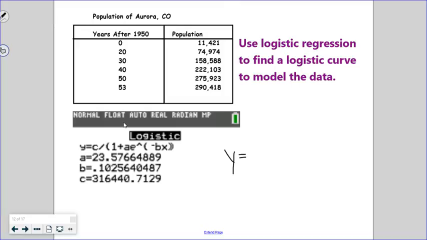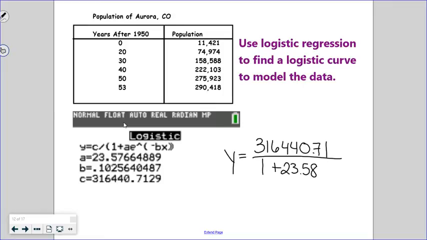We're going to round everything that we do in this entire section to the nearest hundredth. So I will do that here as well. 316,440.71 would be our numerator. Then over 1 plus, because it's always 1 plus in our logistic functions here, A is 23.58. And again, guys, everything to the nearest hundredth.